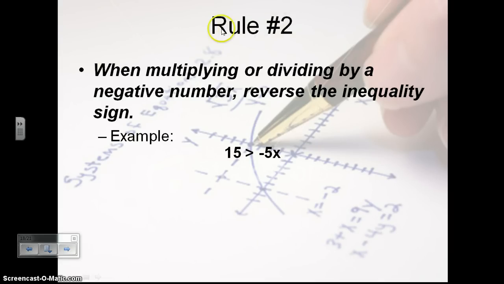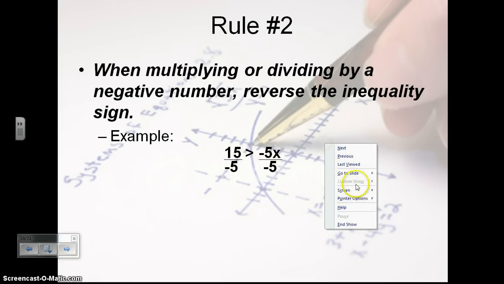Rule number 2, and the most important rule: remember when multiplying or dividing by a negative number, reverse the inequality sign. It's just like solving equations. So I'm going to get rid of this negative 5 that's next to x. I'm going to divide by negative 5 on both sides, and my 5's are going to cancel out.